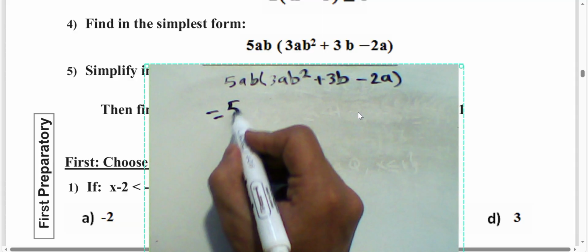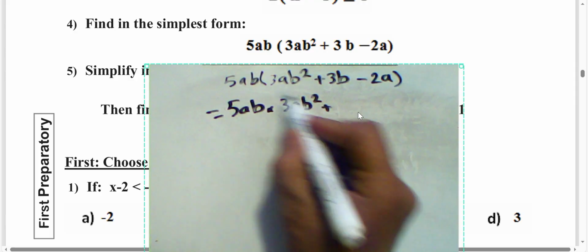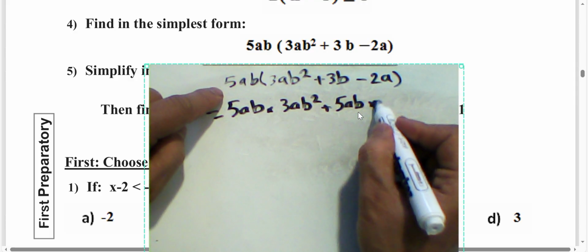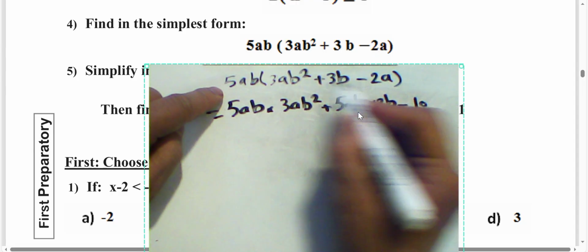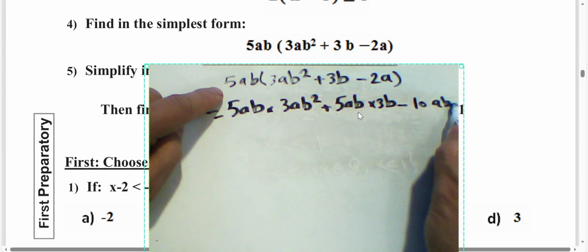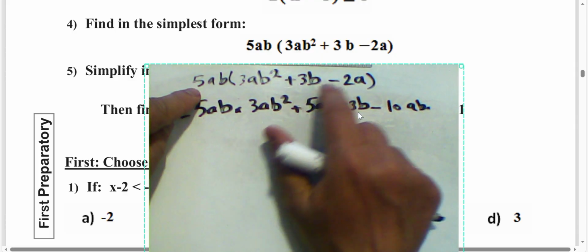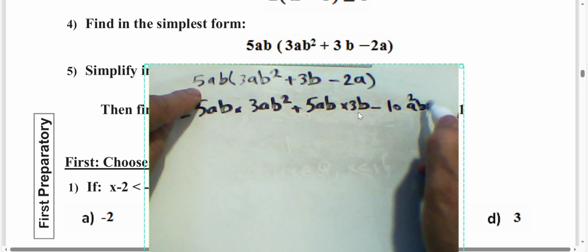We can multiply 5ab by 3ab power 2, then 5ab product by 3b, subtract 2 times 5 equals 10ab times a. We can write 5 times 2 equals 10 and a times a equals a power 2 and write b here.